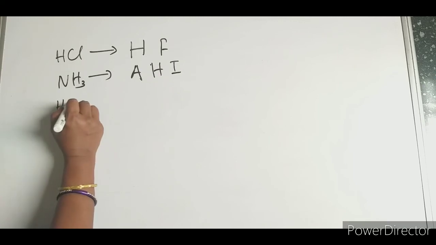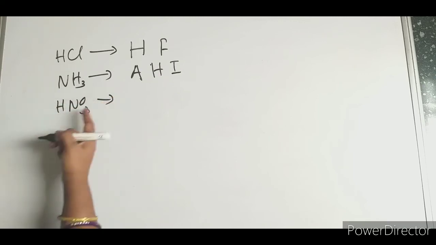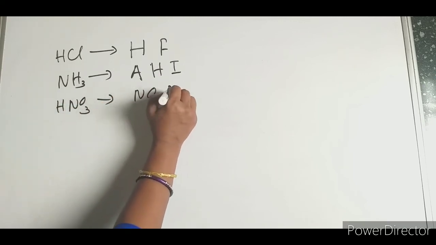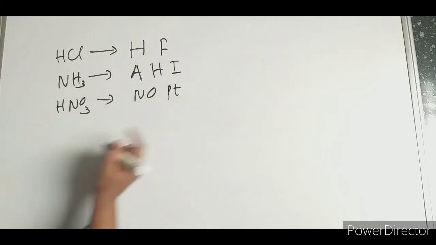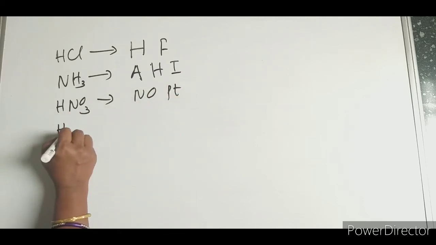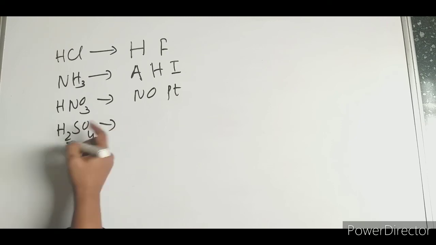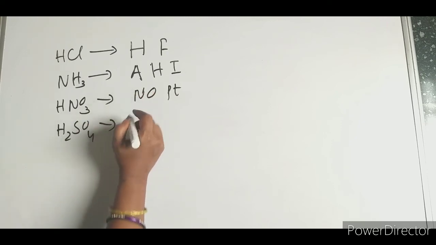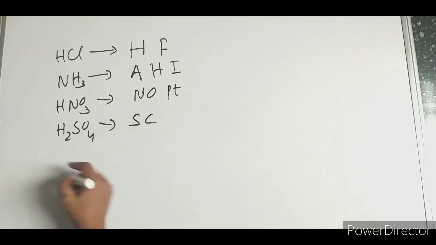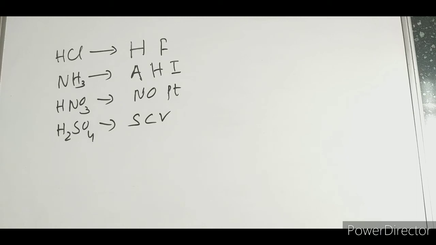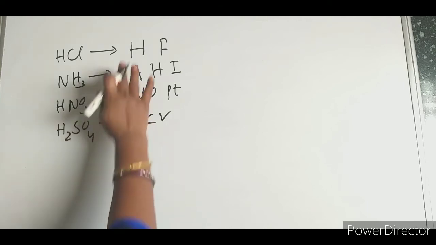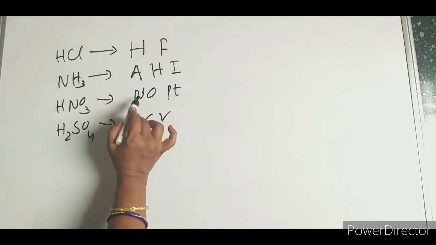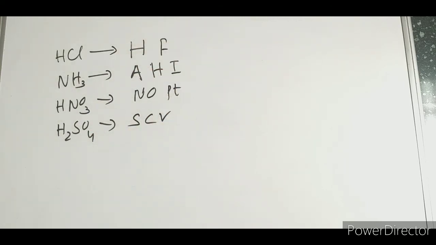Then HNO3 is no PT. Then H2SO4, sulfuric acid, contact process, vanadium pentoxide: SCV. So remember these three: HF, A high, no PT, and SCV. Okay, some tricks to remember.